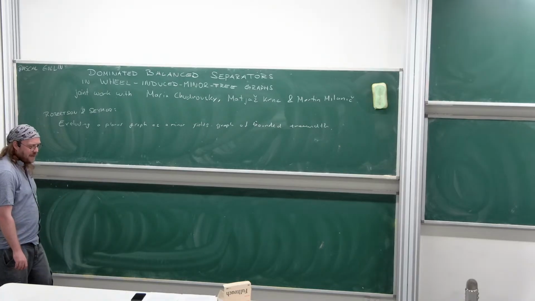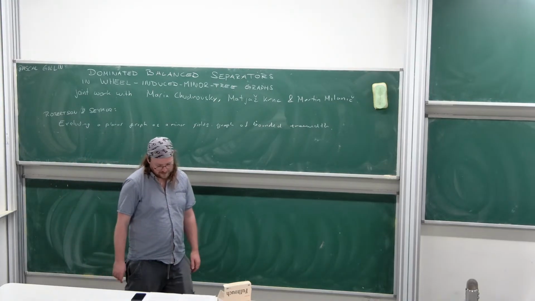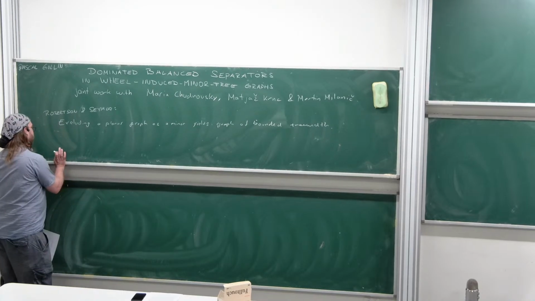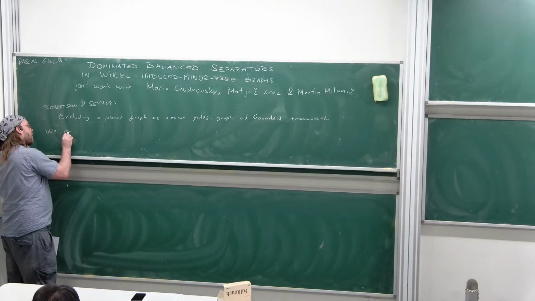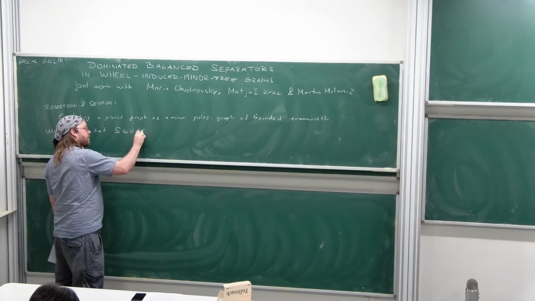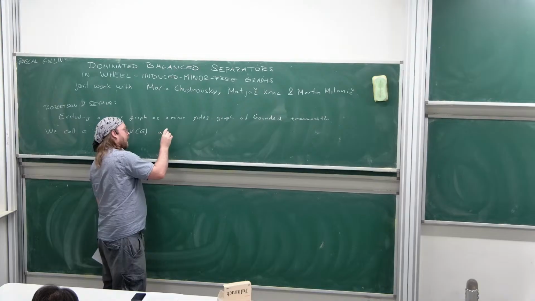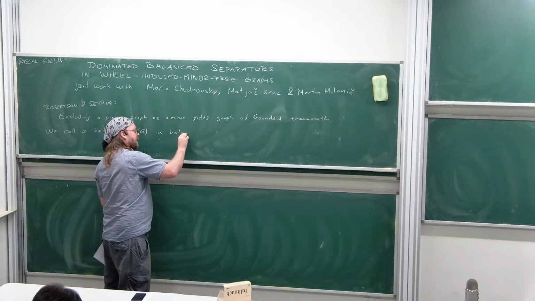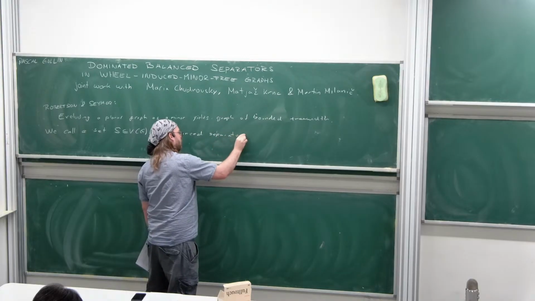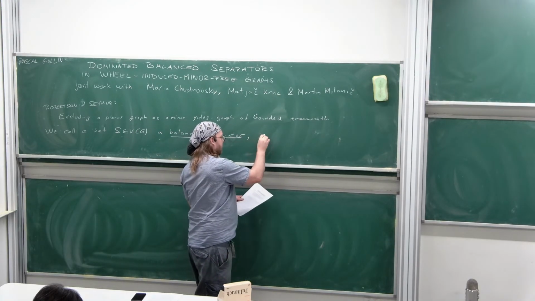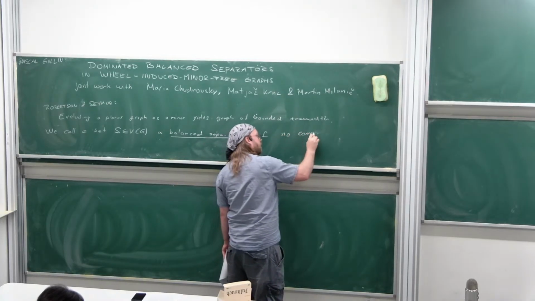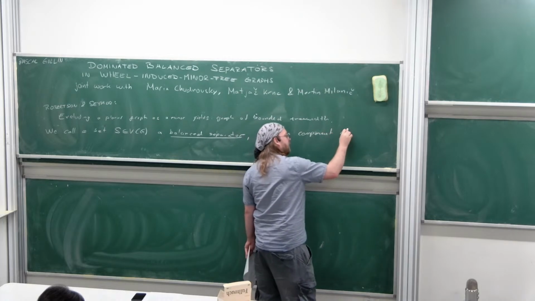All right, but let me move on to the concept of a balanced separator. And here I may be a bit more precise for a second. We call a set S of vertices of a graph a balanced separator if no component of G minus S has more than half of the vertices.